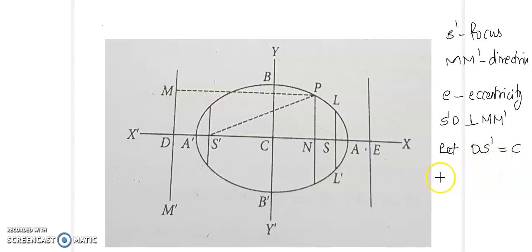So I'm calling it C, and here DS dash and DM are taken as the x and y axis. And P, you can see the point P, is a point on the ellipse.